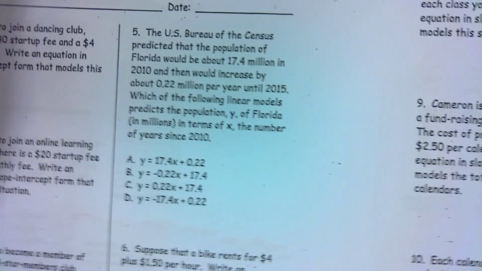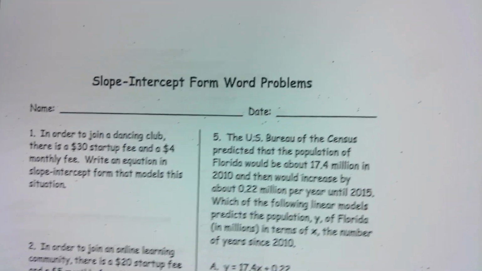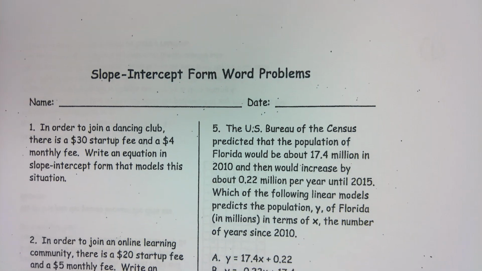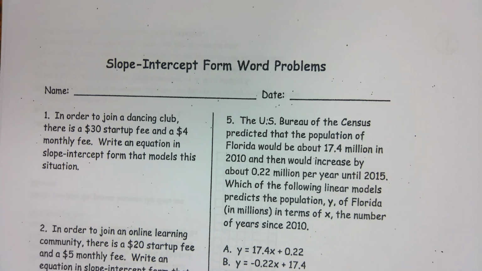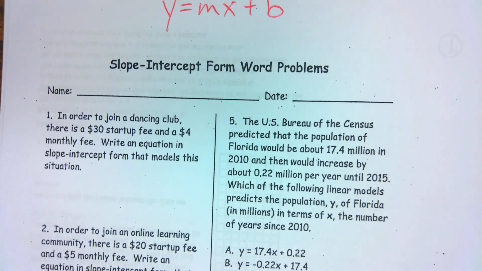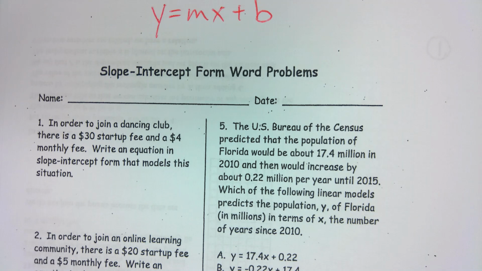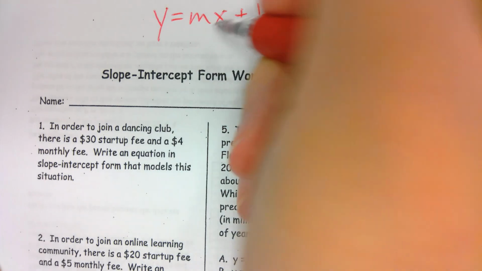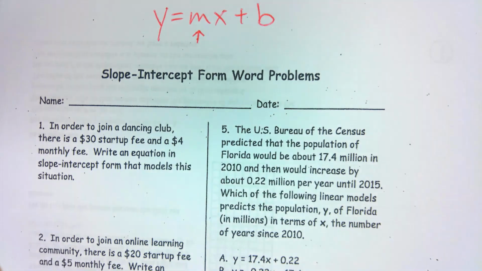Okay, so slope-intercept form of word problems. I bet you guys all heard of the format y equals mx plus b, right? All right. So what does m represent?